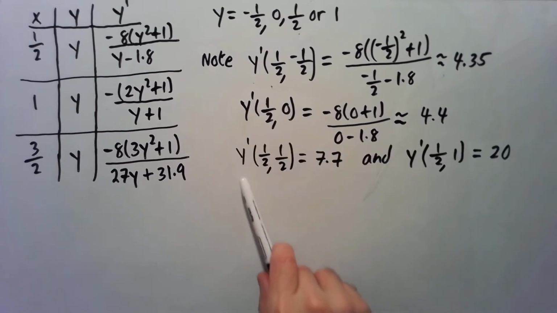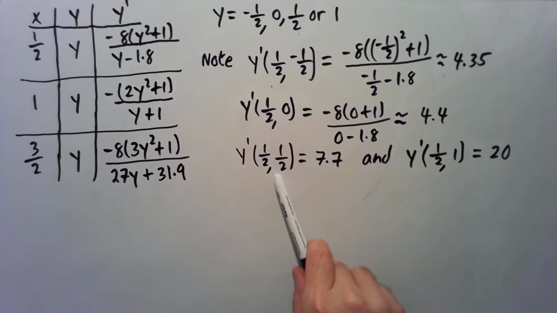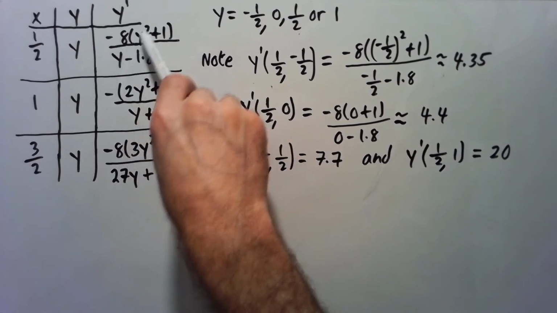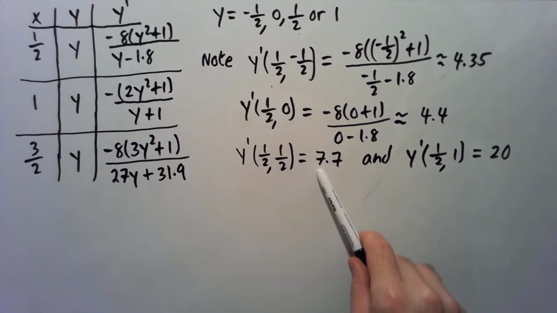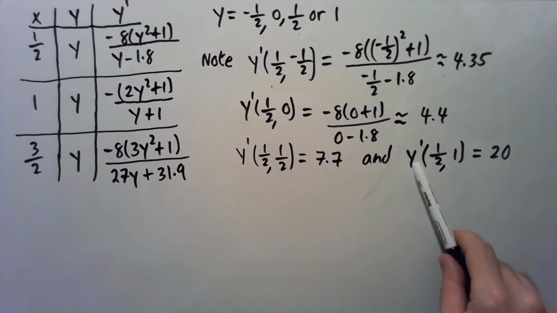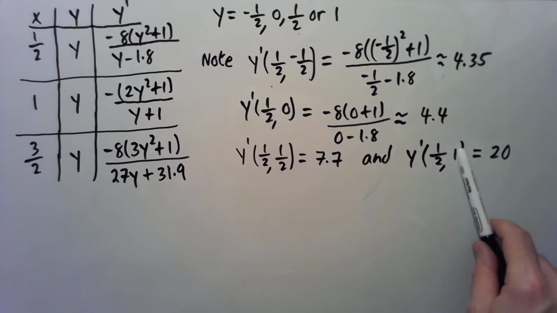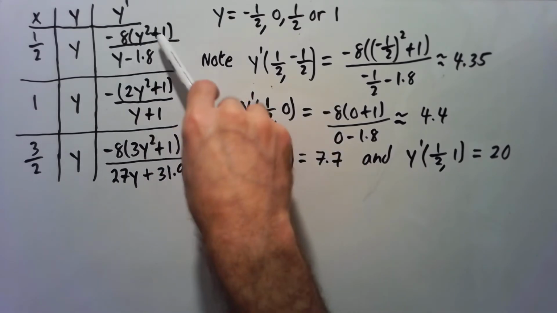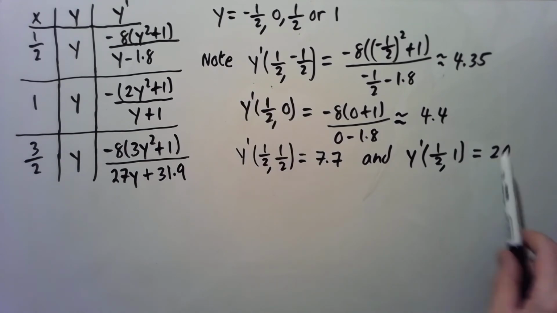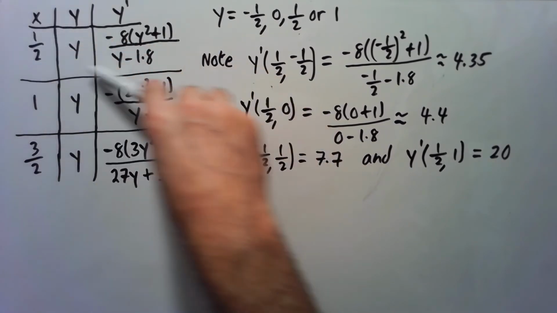So you check y prime of 1/2, 1/2. Putting 1/2 in place of y up here, working it out, it's roughly 7.7. And then y prime of 1/2, 1, putting 1 in place of y up here, working it out is 20. Okay, so we've done this first one now with all the y values.